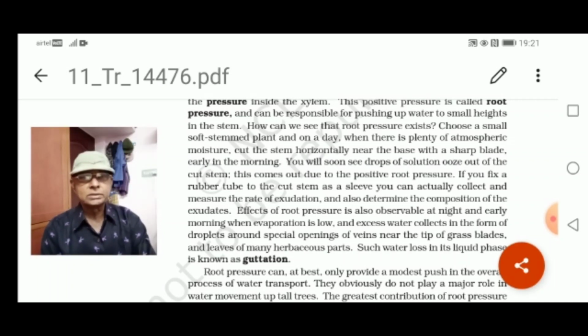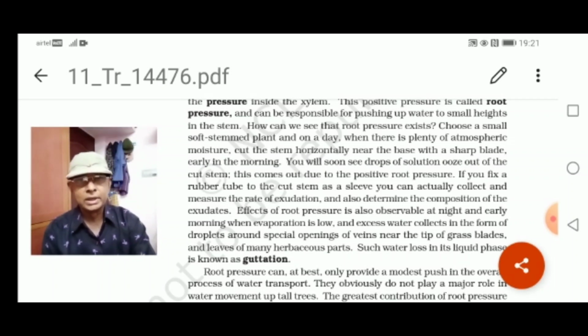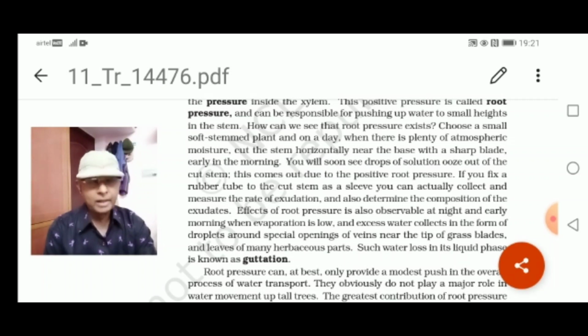Guttation takes place by water stomata situated at the tip or along the margin of the leaves. But transpiration is an invisible process, taking place through the stomata of the leaf surface.